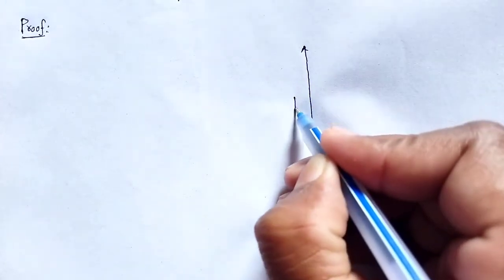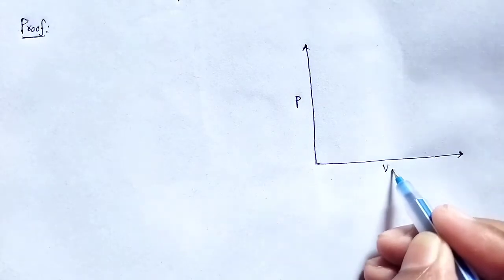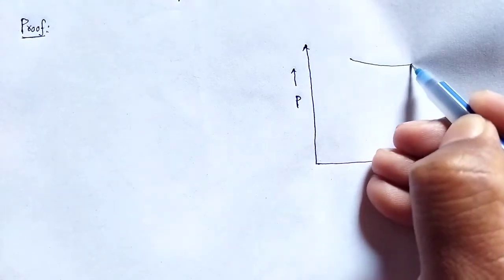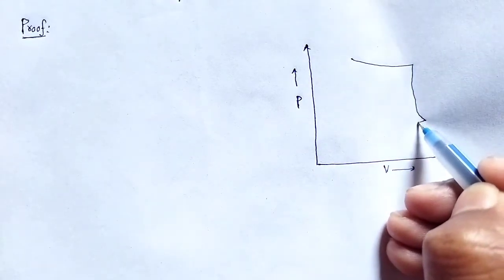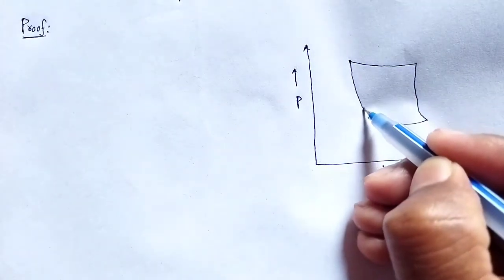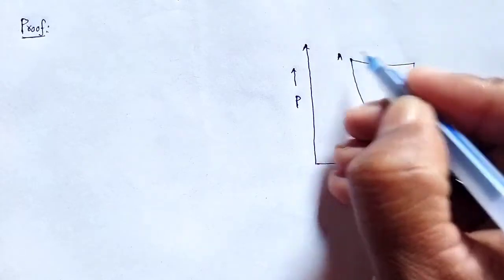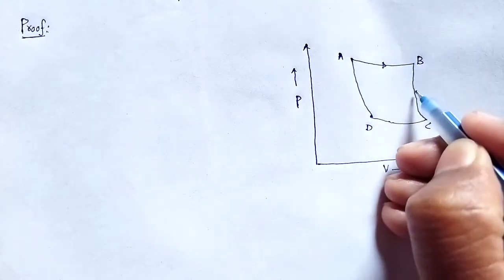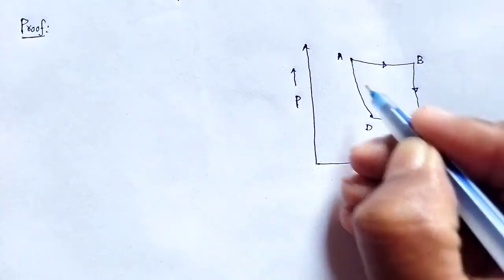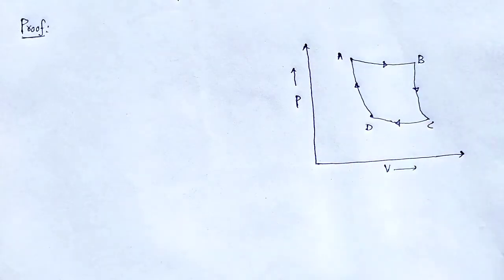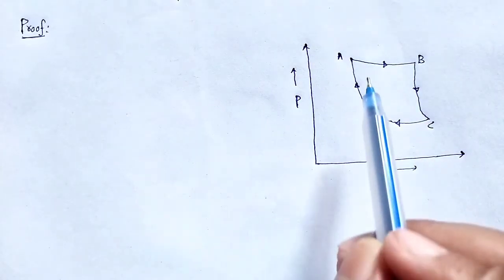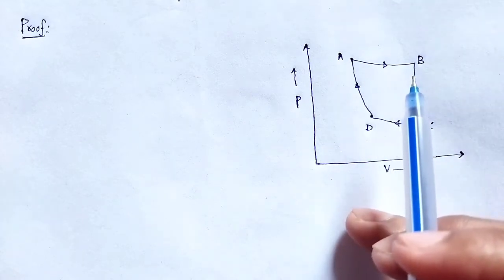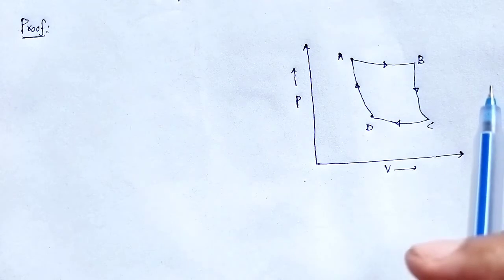In Carnot's reversible heat engine, this is the PV diagram, pressure here and volume here, and Carnot's reversible cycle is given like this: A, B, C, D. A Carnot cycle has two isothermal and two adiabatic processes.